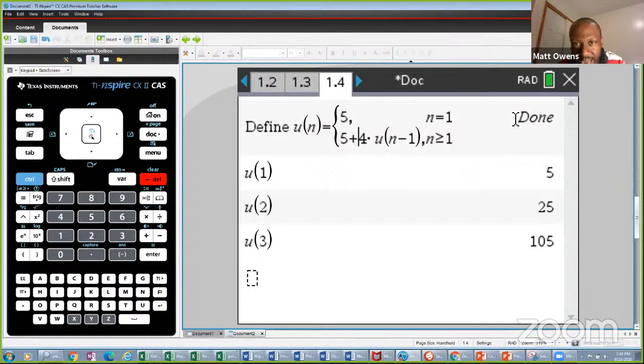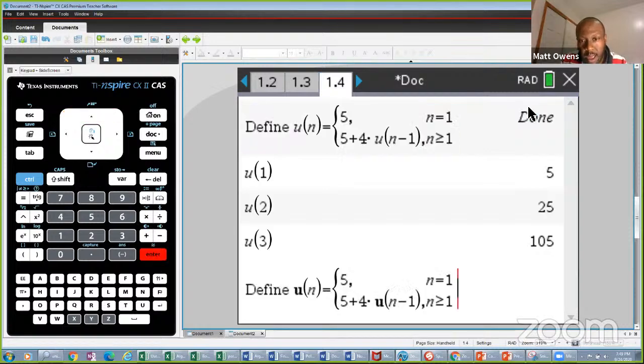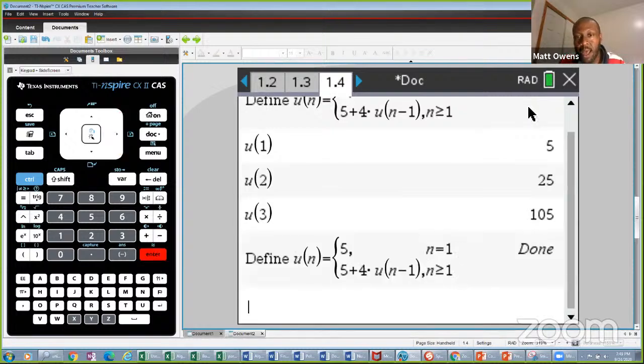In this case, I want to do 5 plus. I want the first term to be 5, and everything thereafter would be u of n minus 1. So in this case, I'm done.